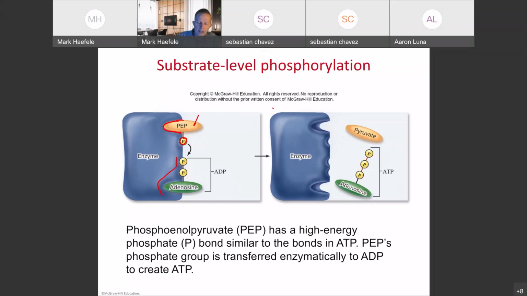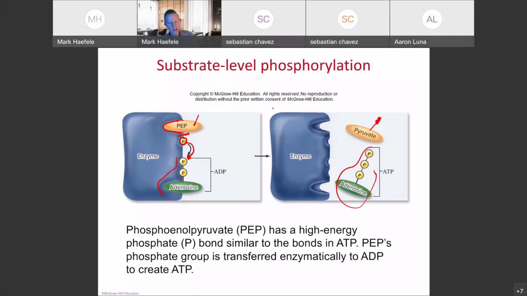Then the enzyme is going to break this bond and smash that phosphate onto ADP, and it's going to be released as ATP. Then, instead of phosphoenolpyruvate, you just have pyruvate itself, which is phosphoenolpyruvate minus the phosphate. So basically, as an enzyme, you grab onto ADP, grab onto your phosphate donor molecule, in this case phosphoenolpyruvate, take the phosphate, glue it onto the ADP, and there you have your ATP.